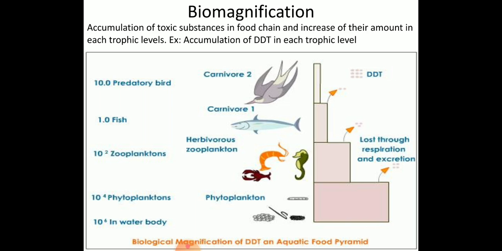So this is how you have to study the different concepts: the ecological pyramid, ecological niche, and population concept, which you will study in the chapter on the ecosystem. In that chapter you will study all these concepts. Here I already explained the ecosystem, energy flow, food chain, ecological pyramid, ecological niche, population, community, and the biosphere concept.